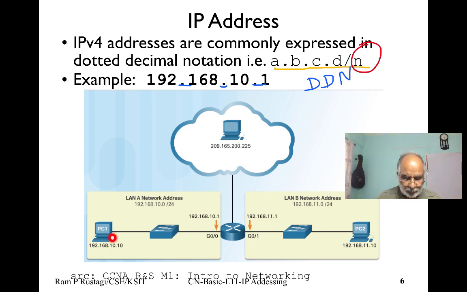And these two, PC1 and PC2, are connected by a router, and the router has two interfaces, gigabit 0/1 and gigabit 0/0, and the interface addresses are given as 192.168.10.1 and 192.168.11.1. And this router is connected to the internet, and let's say this could be some server which you want to reach. So PC will send a packet to this router, it will send a packet to the intermediate router, and finally it will reach. That we'll study in our subsequent lectures when we discuss routing.